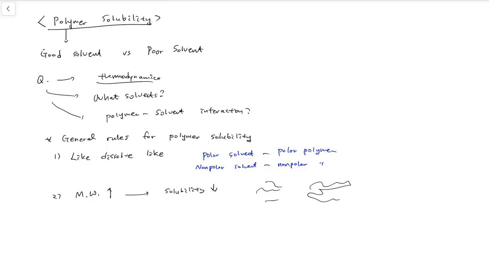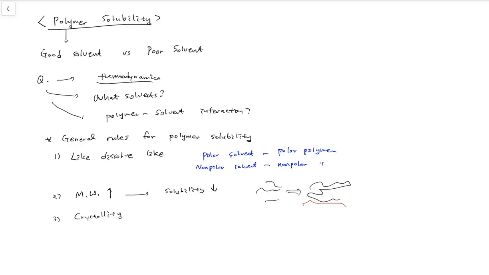If the length is much longer, then dissolving it in a certain solvent will be much more difficult, because dissolving means that the solvent molecules surround the polymer chains completely. That will be much more difficult in this case. So, as the molecular weight increases, solubility generally decreases.